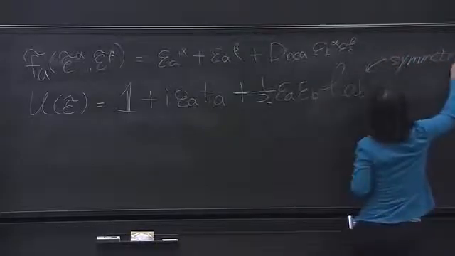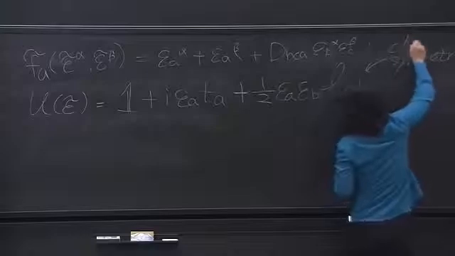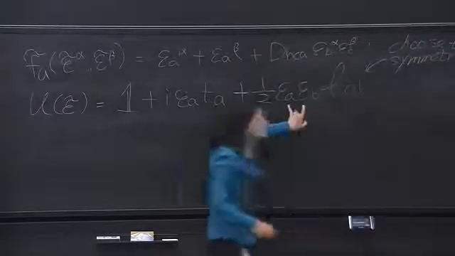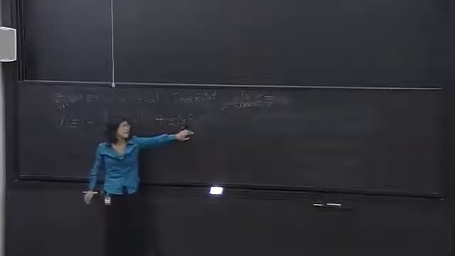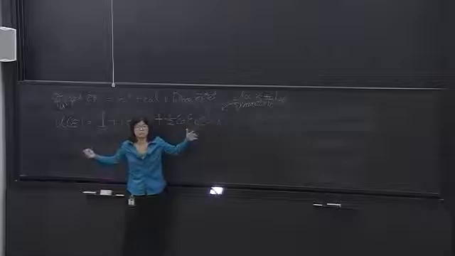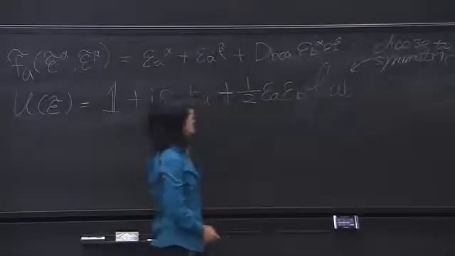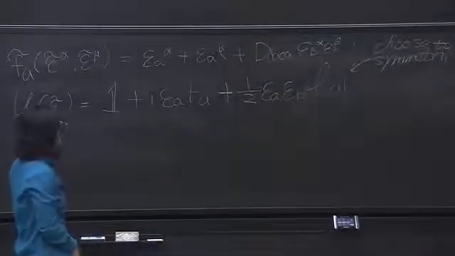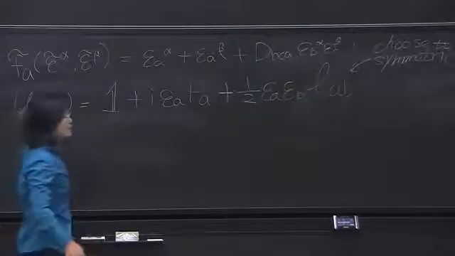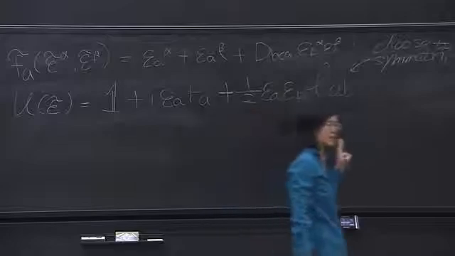Well, we can choose them to be symmetric because this part is symmetric, so the anti-symmetric part of this doesn't contribute anyway. So I'll just choose them to be symmetric. Okay, very good. Now we have expanded everything we want to the second order.